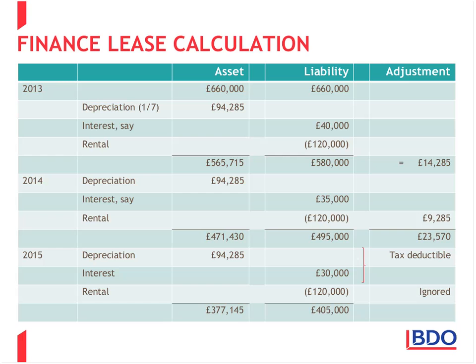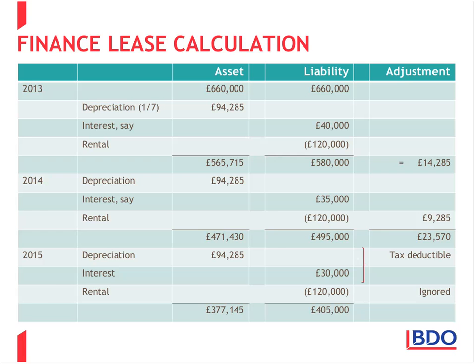Let us say that the finance charge, which I've called interest in this example, is £40,000. That makes the liability larger, and you'll recall that we were paying a rental payment of £120,000. So if we look at the end of 2013, the adjustment to be made is £14,285.